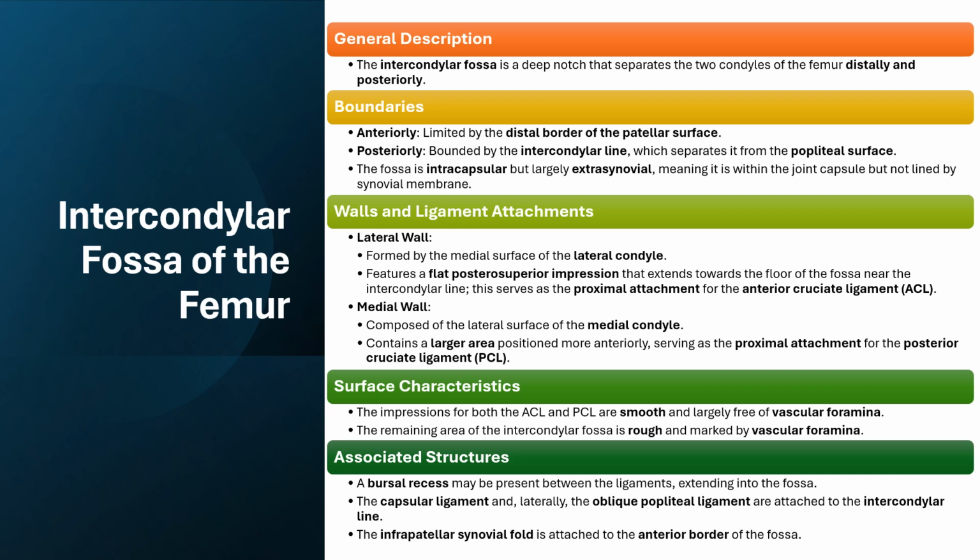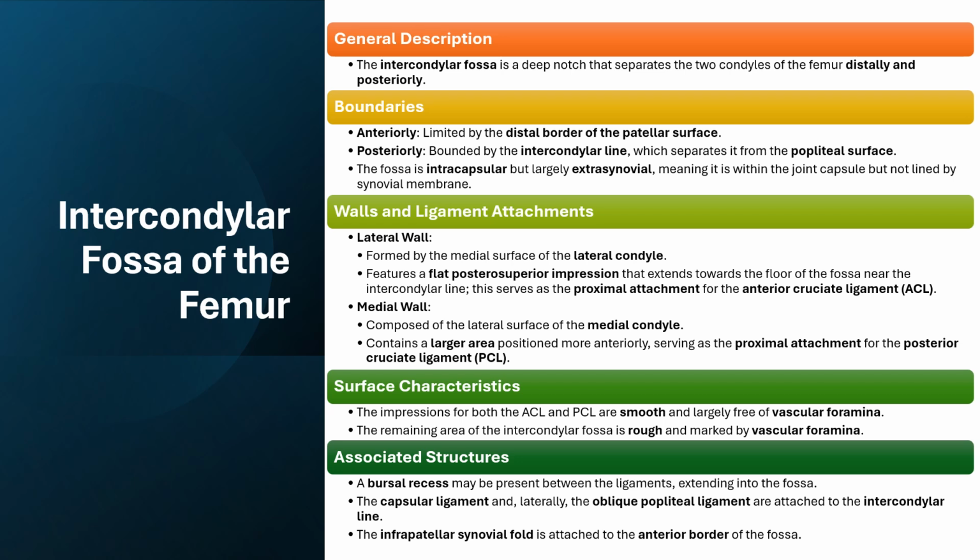The lateral wall is formed by the medial surface of the lateral condyle, featuring a flat posterior superior impression that extends toward the floor of the fossa near the intercondylar line and serves as the proximal attachment for the anterior cruciate ligament. The medial wall is composed of the lateral surface of the medial condyle.